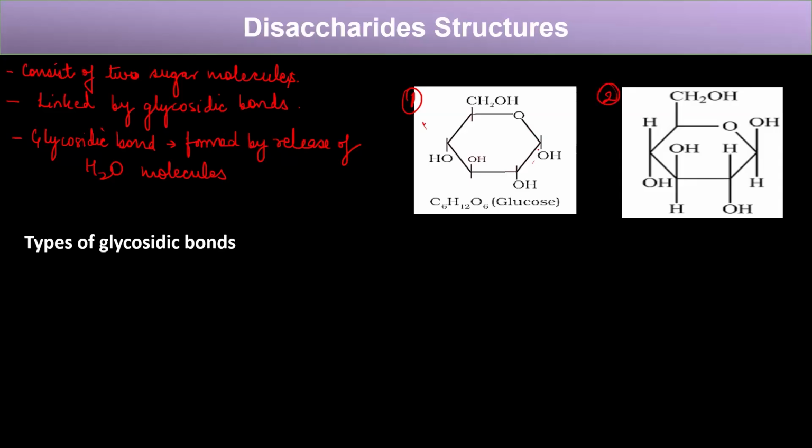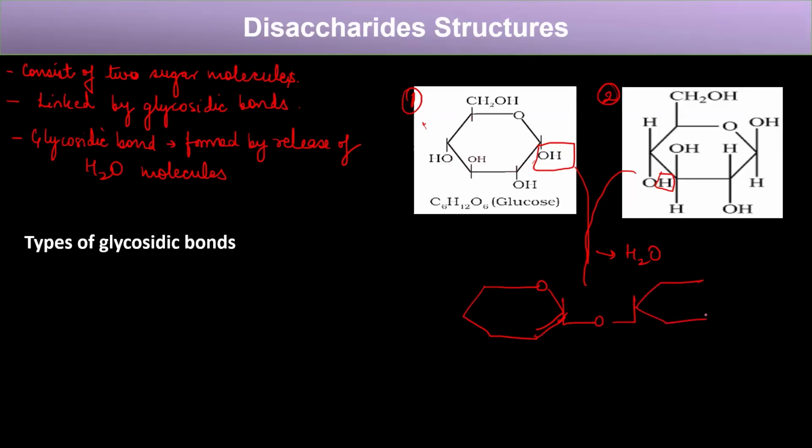The water molecule will come from one molecule's OH and the second molecule's H, right? So this water molecule will be released, and you will have a structure something like this. Okay, so this will be the structure, and this will be your glycosidic bond.